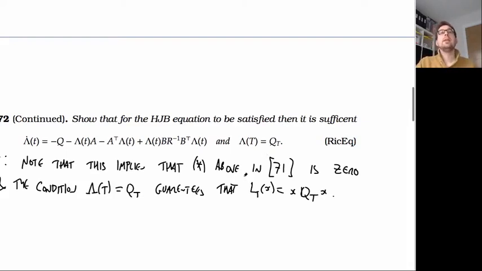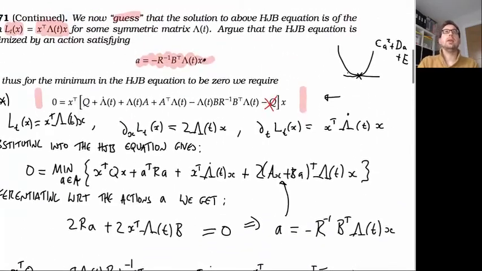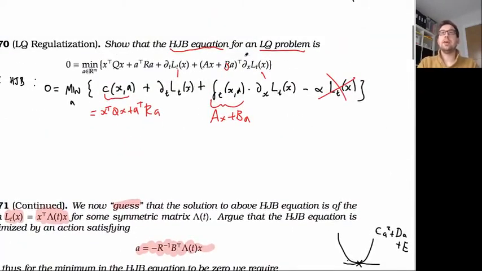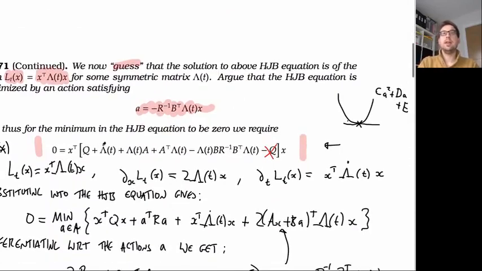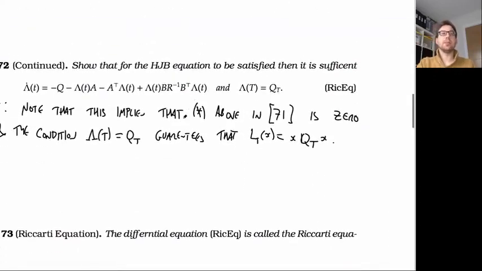Okay, so essentially, if I want this to hold, then I need this to hold. And one way to make this equal to 0 is to make this term inside the square brackets equal to 0. And that is exactly this condition over here. All right. Now this is a special sort of condition.